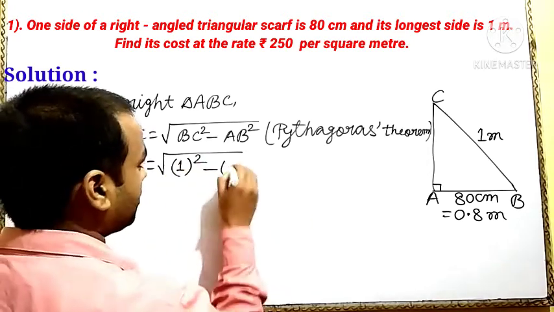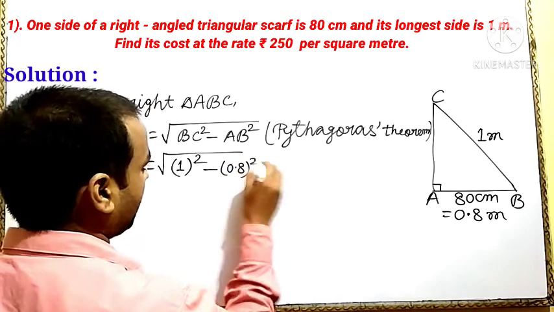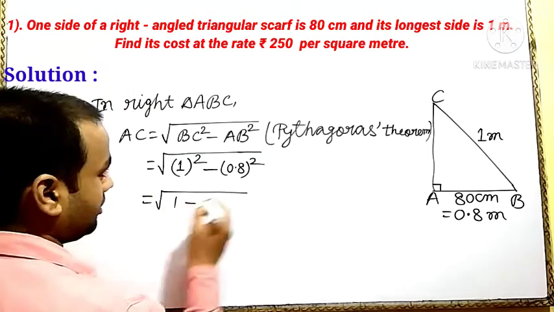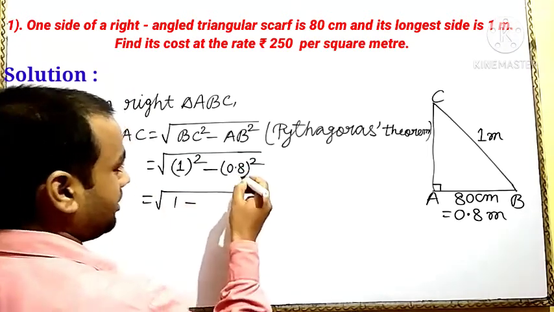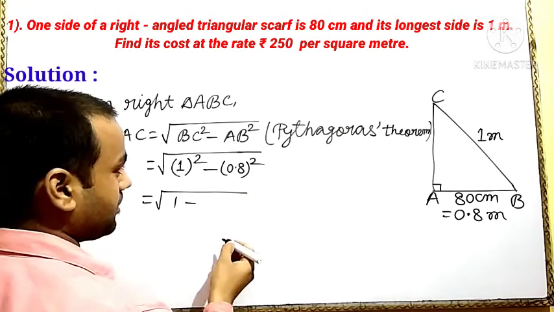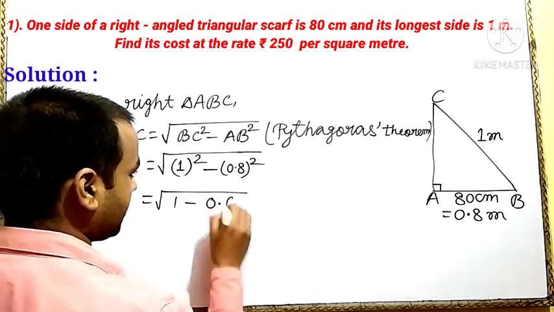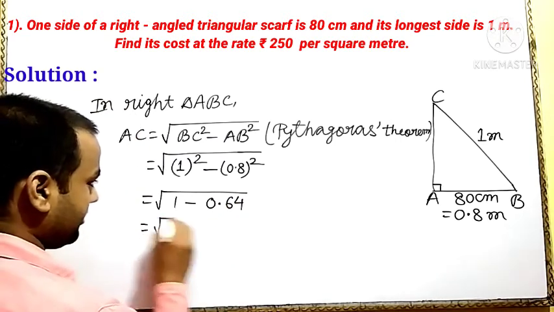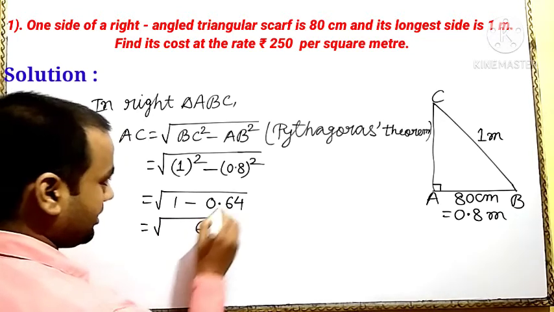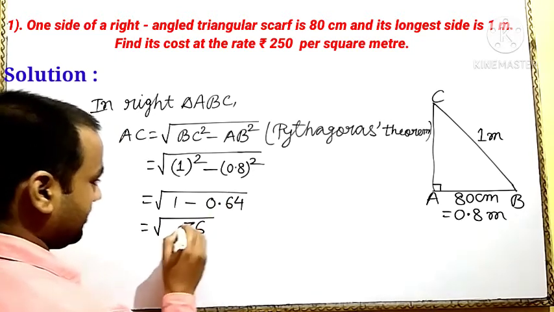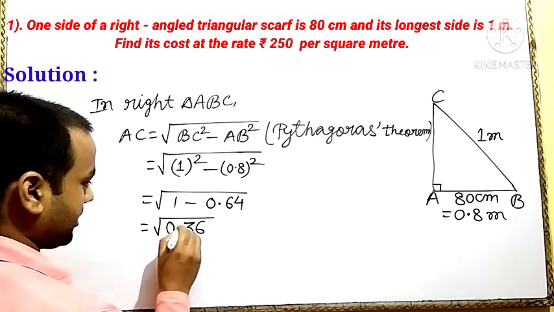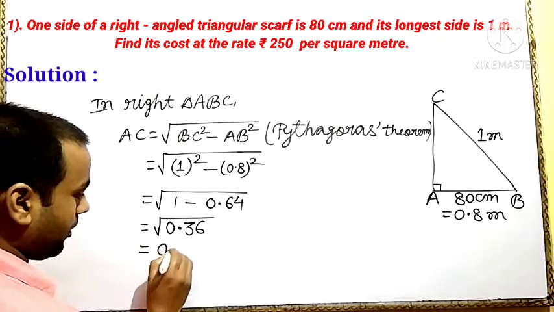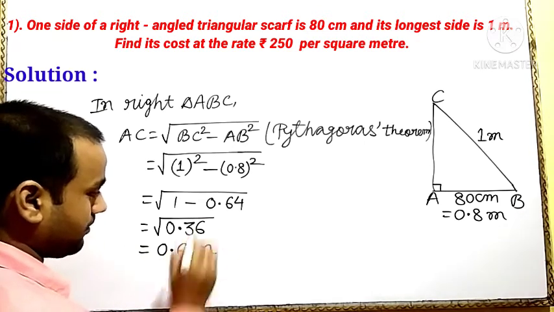Here AB is equal to 0.8, the square of 0.8 means 8 into 8, 64. We write 0.64. We subtract here and get 0.36. The square root of 0.36 we get 0.6 meter.